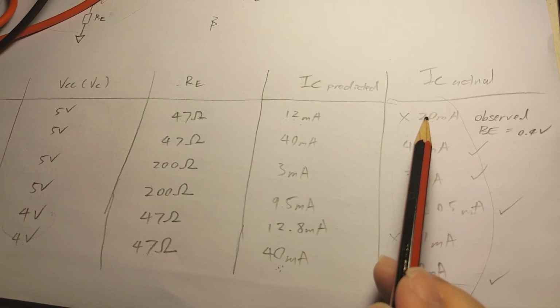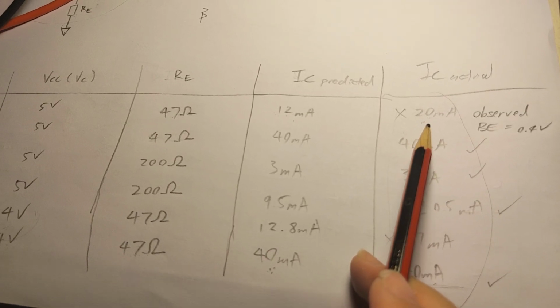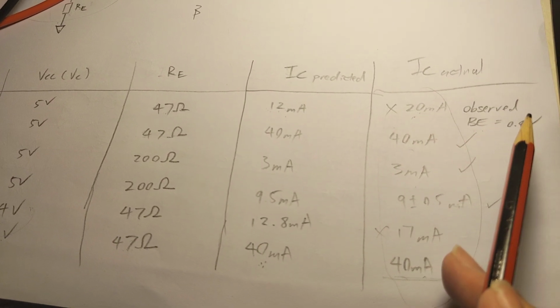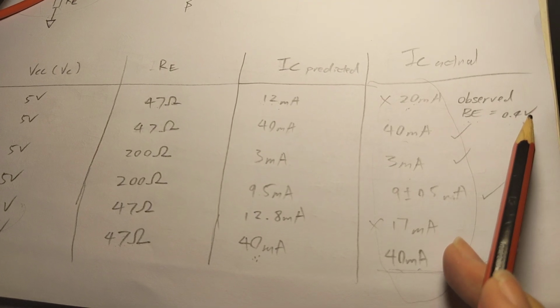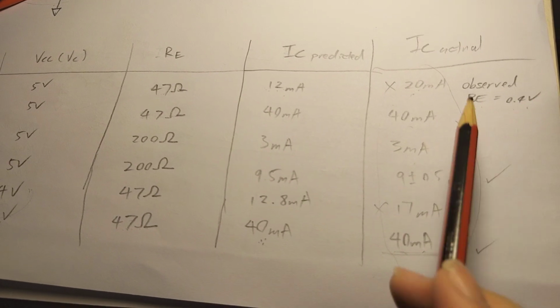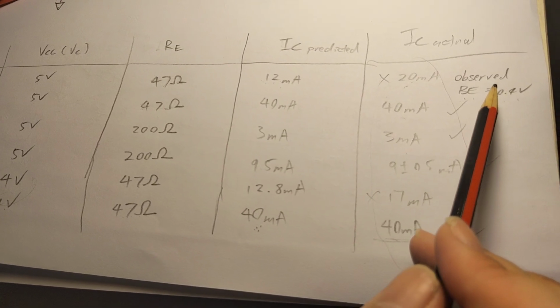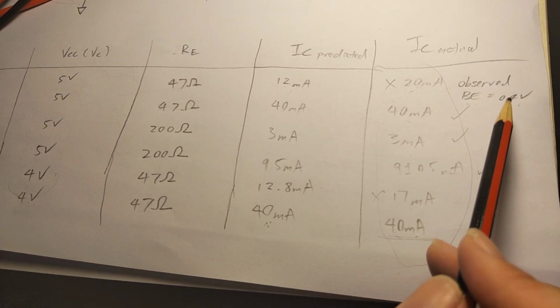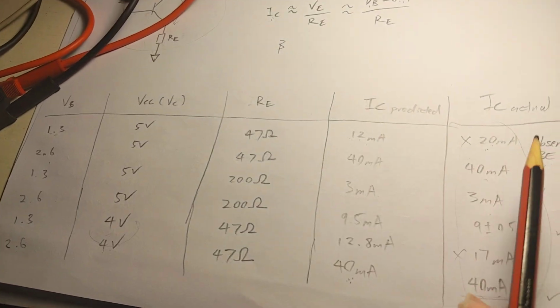And when I actually use the oscilloscope to figure out what's going on, the base emitter voltage is measured to be 0.4 volts, not 0.7, which is the other cases. But this is very strange because 0.4 volts means that the transistor is in the cutoff region, or it's not fully turned on.